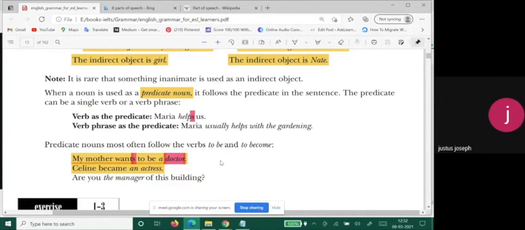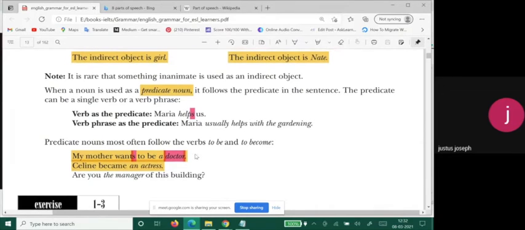That noun at the end is called a predicate noun. Let's look at some examples. You will understand my example. Look at this sentence. My mother wants to be a doctor. Here, the word doctor is known as a predicate noun.